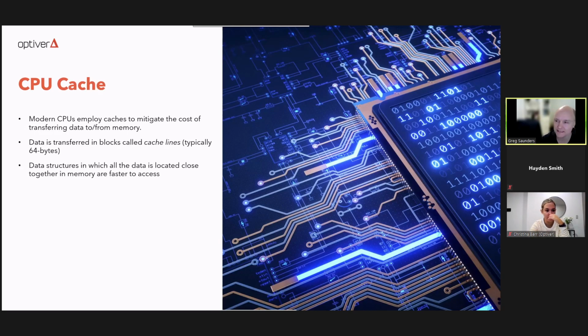And what that means is, if you think about it, that if you've got a data structure where all of the information is stored close together in memory, then you're going to benefit more from the cache than if you're using a data structure where things are relatively far away from each other in memory.